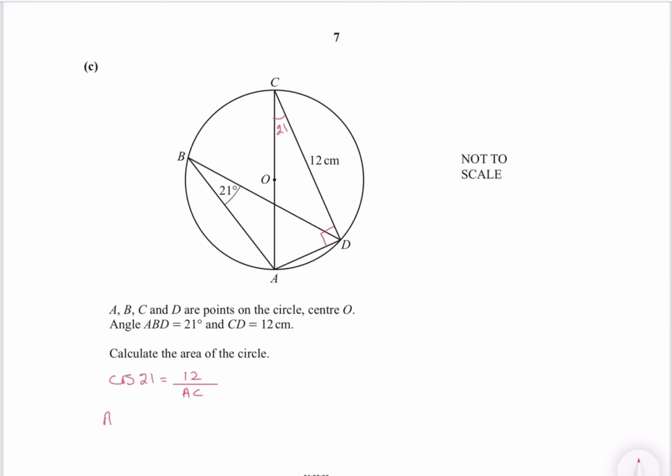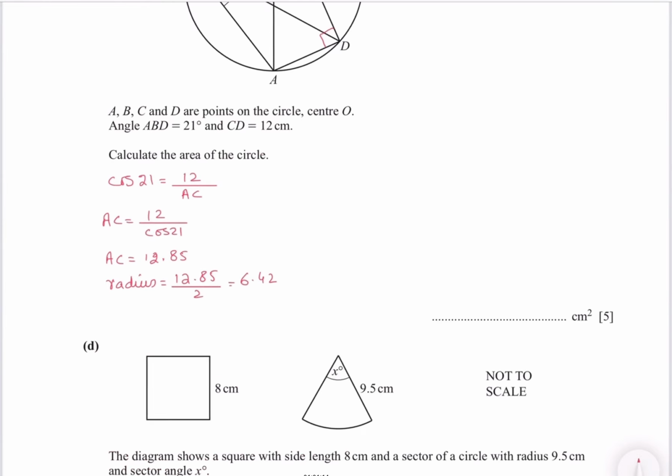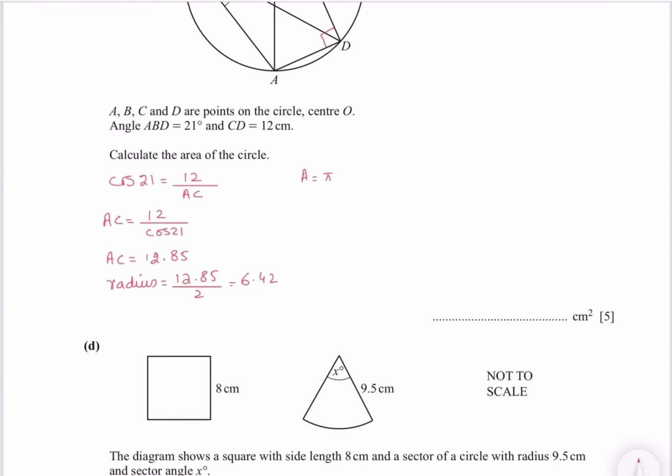Cos of 21 equals base 12, hypotenuse is AC. So AC equals this, which is 12.85. So this is diameter, so we can calculate the radius by dividing it by 2. So 6.42 is the radius. Now put this value in the formula. Area is equal to pi r square, so 3.142 into 6.42 square, and the area is 129.5.